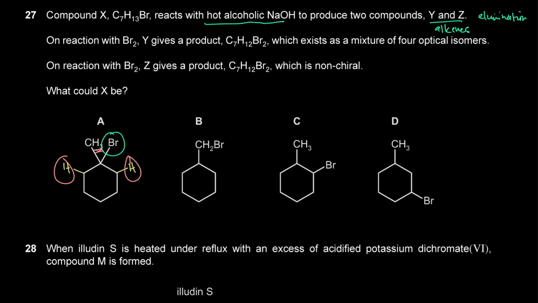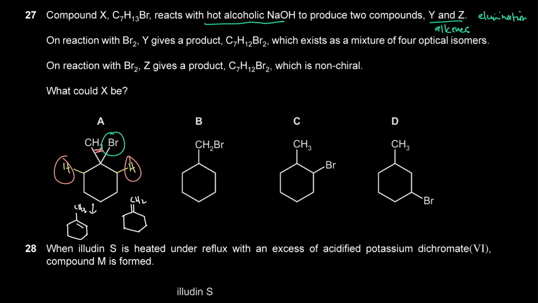So we would get two different things here. We can either get this one, where we have a CH3 and the bromine is removed, and either this hydrogen or this hydrogen is removed. Either one doesn't make a difference, it's the same thing. So we get a double bond here, or we can get this one over here, a CH2. Again, the bromine is removed from this carbon and the neighboring carbon's hydrogen is removed. So we will get two different compounds here.